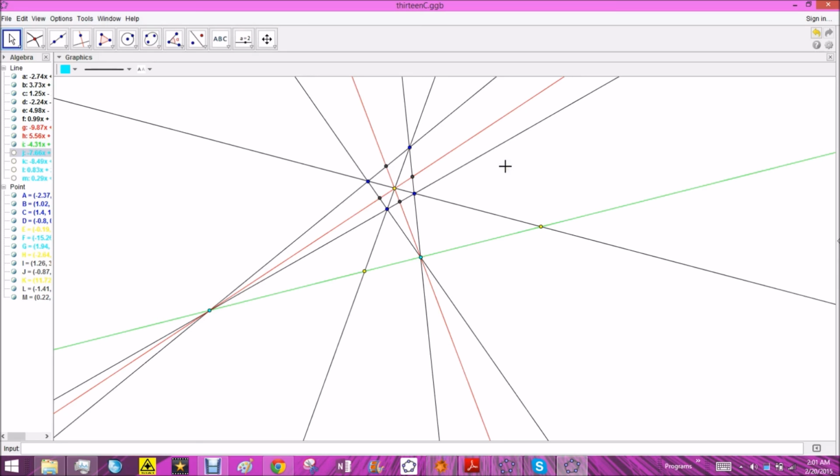But what's interesting is that we can also think about a quadrilateral.